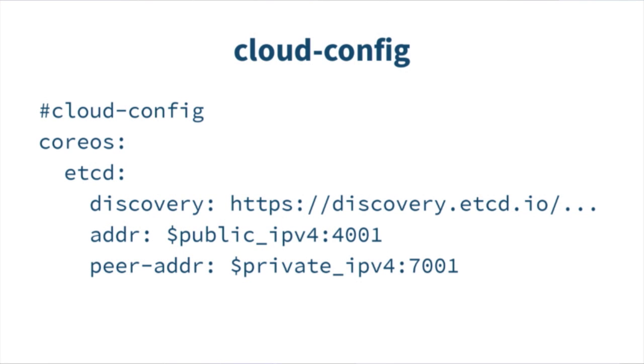Over the past year of using cloud-init, we found that there are a number of hurdles, and I want to walk through some of these hurdles before talking about how we solve these with Ignition. So let's take a look at a fairly basic cloud config. Many of you have seen this. Quite a few of you have probably actually used this in production. But I want to call out specifically in this example the public IPv4 and private IPv4.